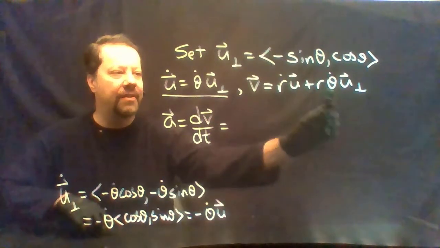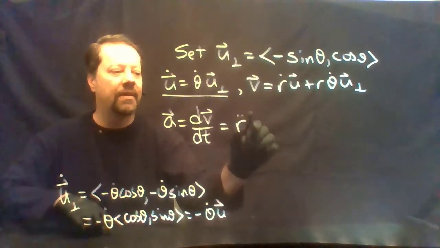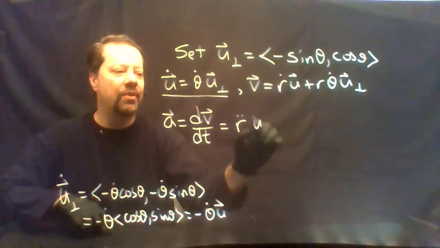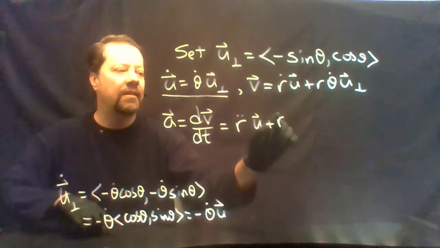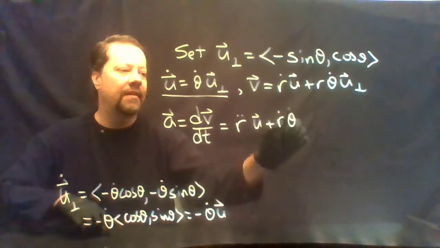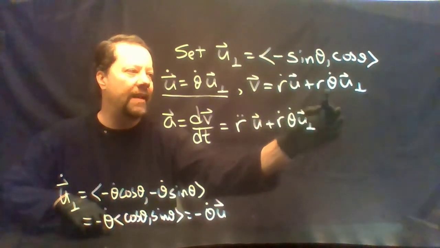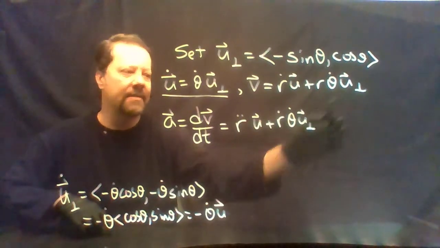So calculating the derivative, we'll have, using the product rule, r double dot times u plus r dot, remember the derivative of u is theta dot u perp, and then we have a triple product rule next.